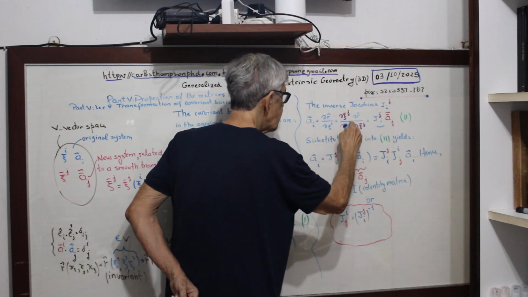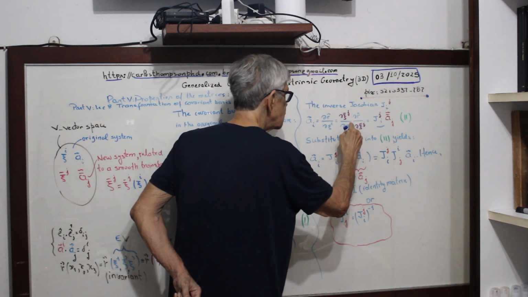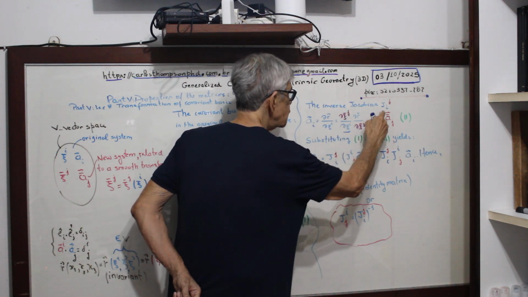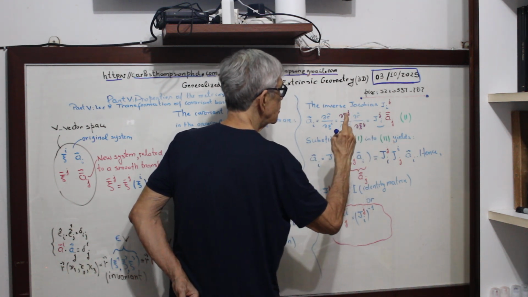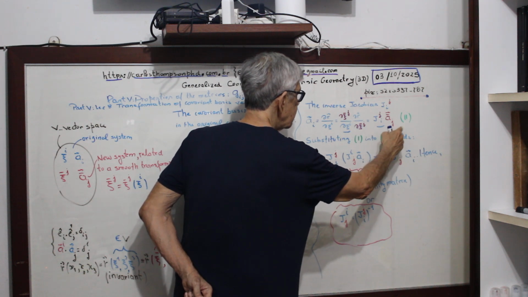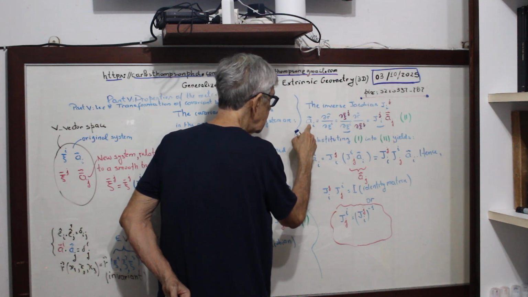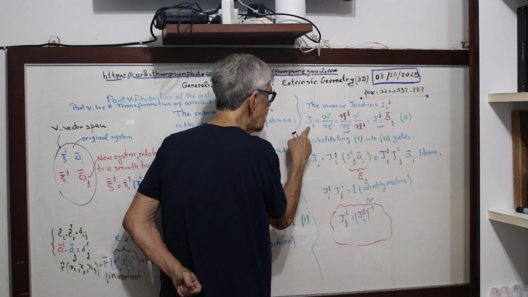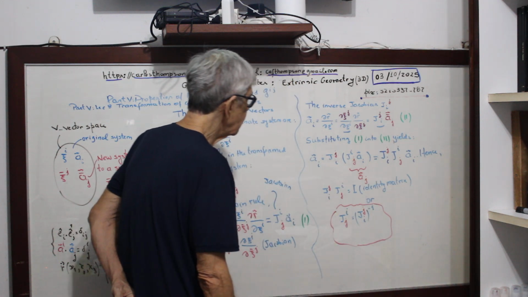These are, in general, two free indices. J is upper, J is upper, I is down. This is AJ, the basis vector here. So I related the original system and the basis vector to the new system.